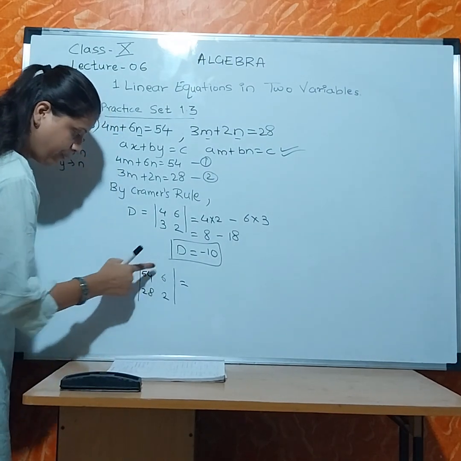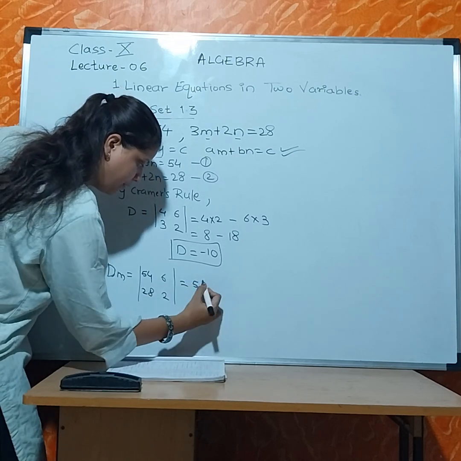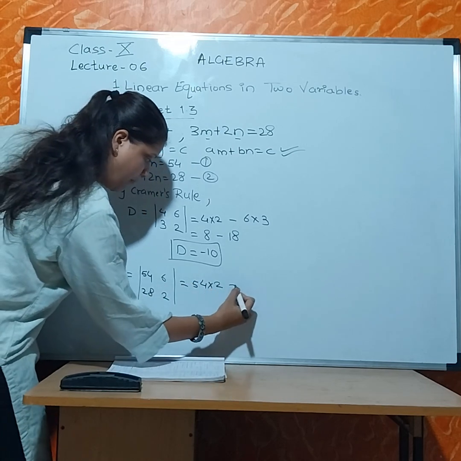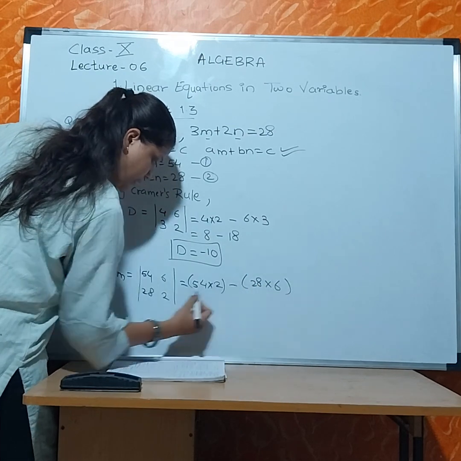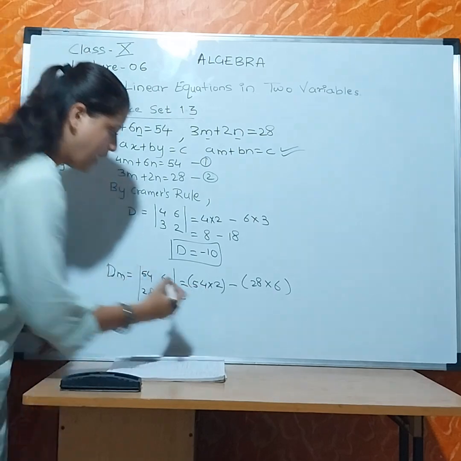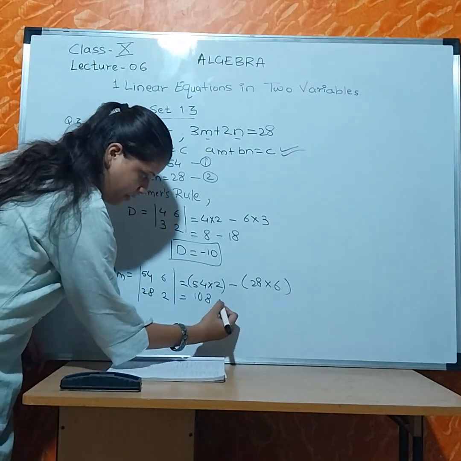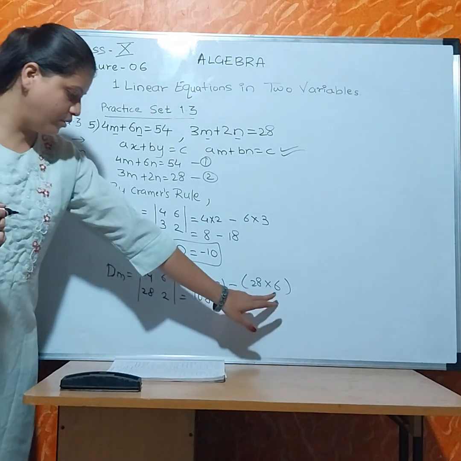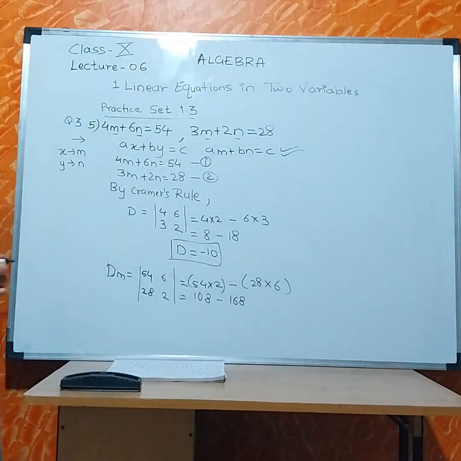So now here 54 into 2 minus 28 into 6. So what is 54 into 2? 2 4s are 8 and 2 5s are 10, so 108. Minus what is 28 into 6? 168. 28 6s are 168.